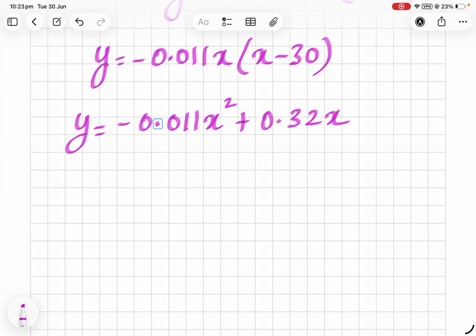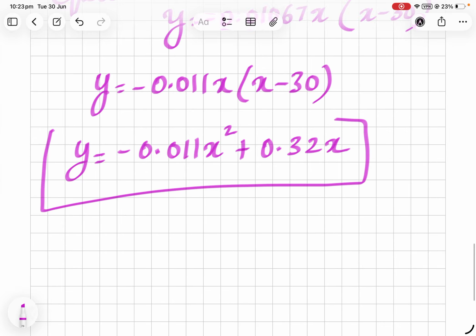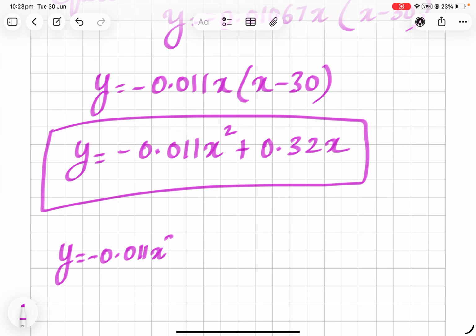All right, so that is my quadratic equation right there. I'm just trying to get the graph. Let me try one more time. y equals negative 0.011x squared plus 0.32x.